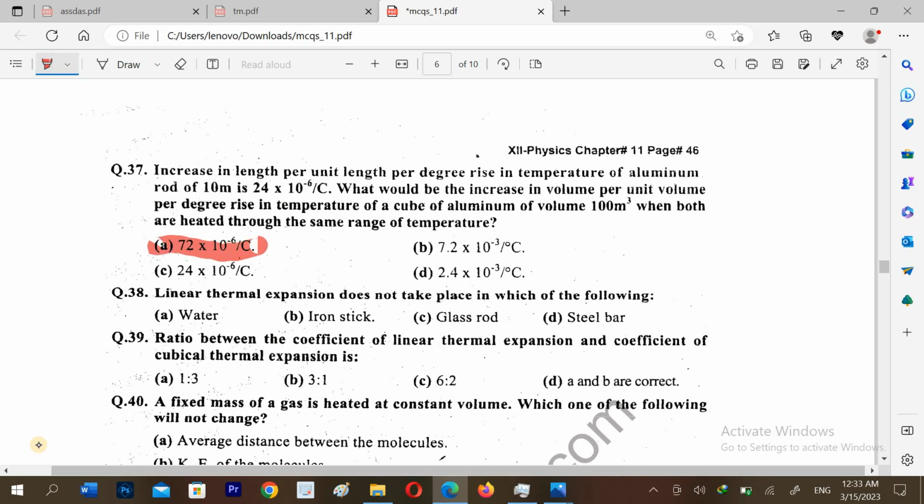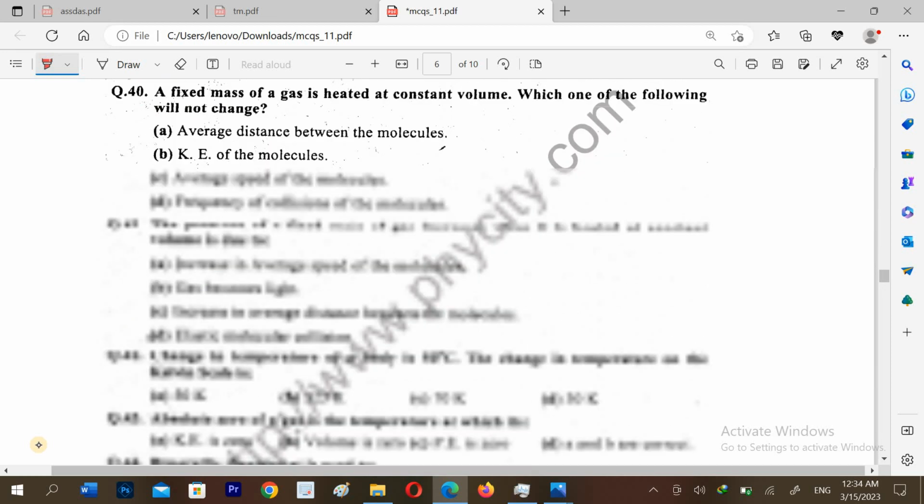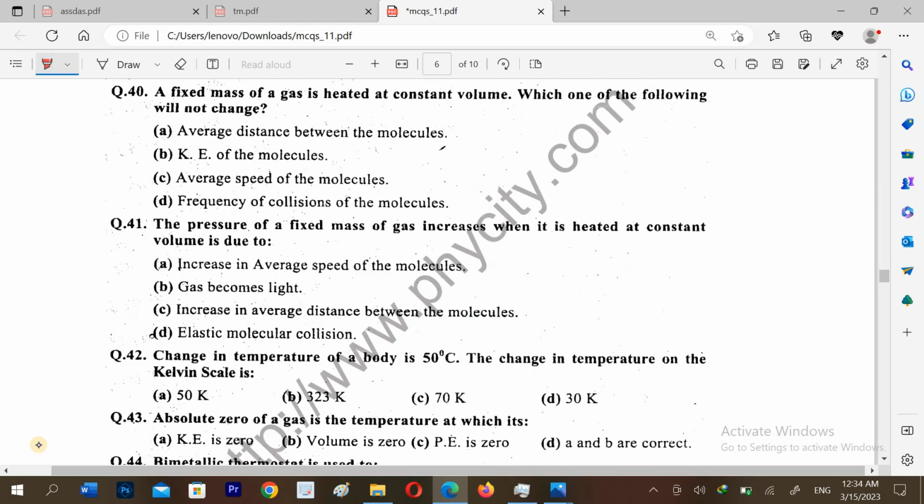Linear thermal expansion does not take place in which of the following? A. Ratio between the coefficient of linear thermal expansion and coefficient of cubical thermal expansion is... A. A fixed mass of gas is heated at constant volume.